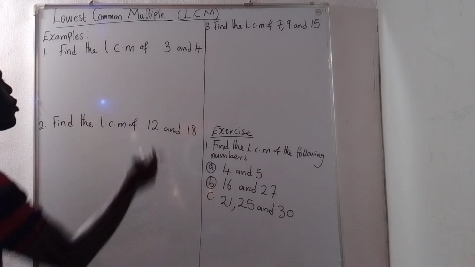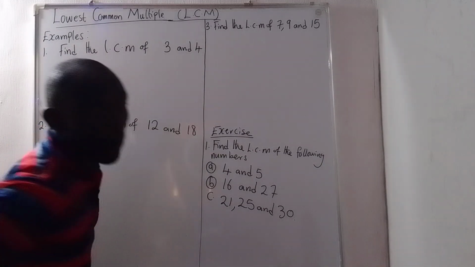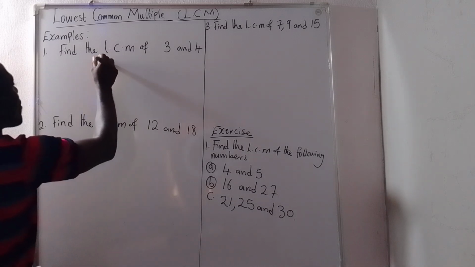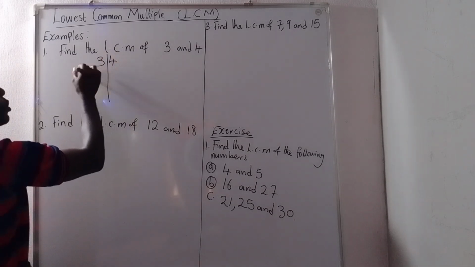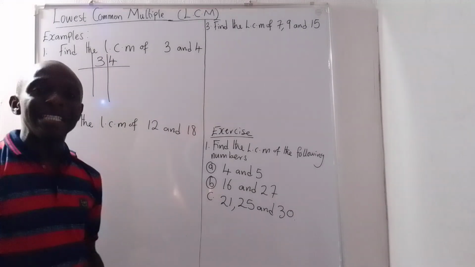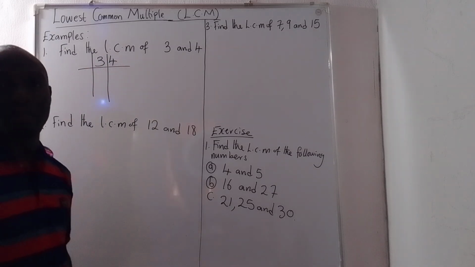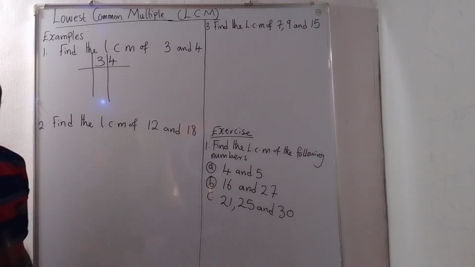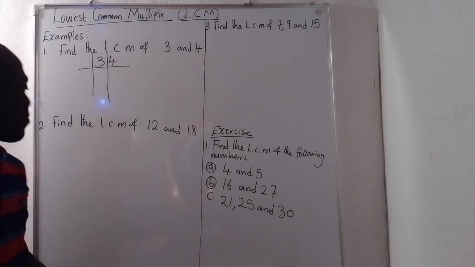Now, in solving this question, let's say find the LCM of 3 and 4. To find the LCM of 3 and 4, you pick 3, draw a line, then you put 4, draw a line, followed by this. Now, factors are numbers that can divide the individual numbers without a remainder. To quickly know the numbers that can be divided by 2, we look at even numbers.